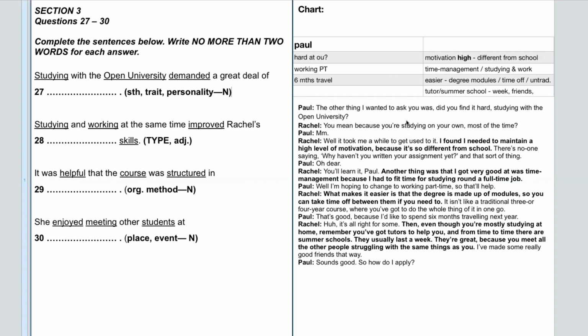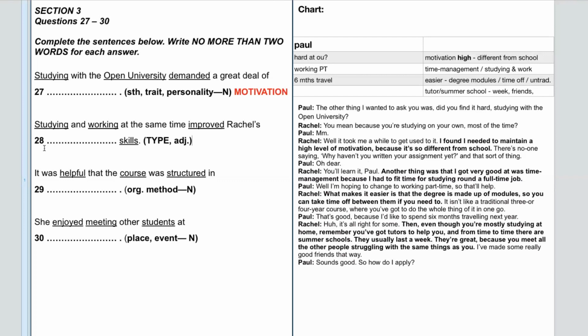So studying with the Open University demanded a great deal of motivation. So we can go ahead and write motivation. And of course, I would suggest writing in all capital letters just so that everything is clear for the examiner who is looking over your paper. So great. We see it's a noun, and demanded was not necessarily in the text, but another synonym for demanded could be needed. All right, let's go to the next one.